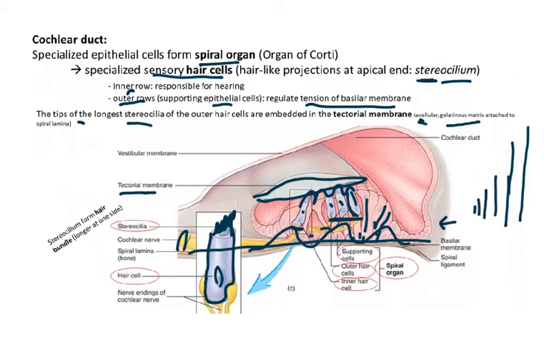And when the hair cells, because of the vibrating basilar membrane, bump into this, it is going to cause the stereocilia to bend. And in the next picture, we're going to look at what happens when these stereocilia bend, because the whole basilar membrane is vibrating and pushing them into this gelatinous mass, which is called the tectorial membrane.